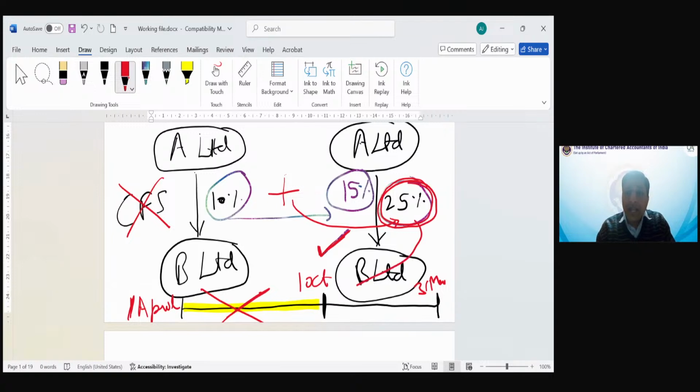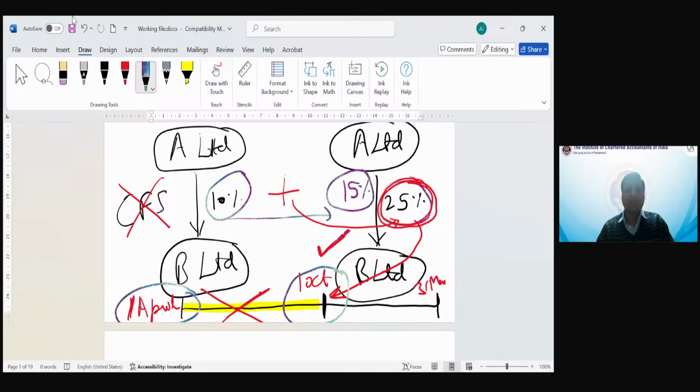And for consideration of this 25%, there are 2 points of time when you'll have to do the calculation. What are those 2 points of time? One is on 1st of April, and second is on 1st of October. And that is something that you will carry forward.